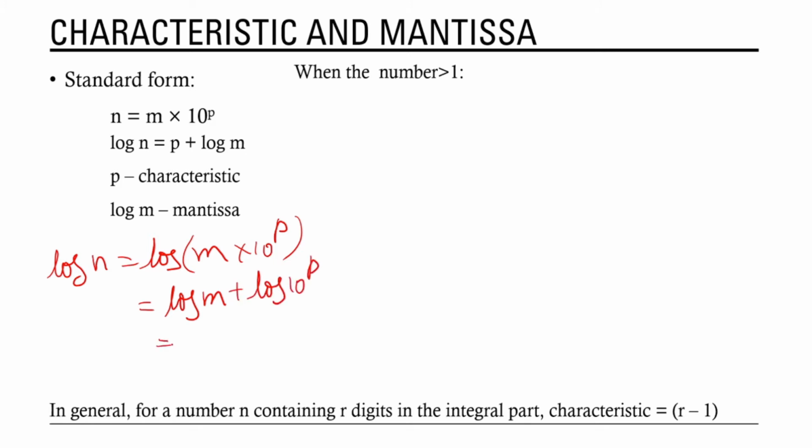This is equal to log m plus p log 10. Log 10 is 1. So, it is equal to p plus log m. This p is called the characteristic and this log m is called the mantissa. The mantissa is usually in the form of a fraction and p is an integer. So, this is called characteristic and mantissa.